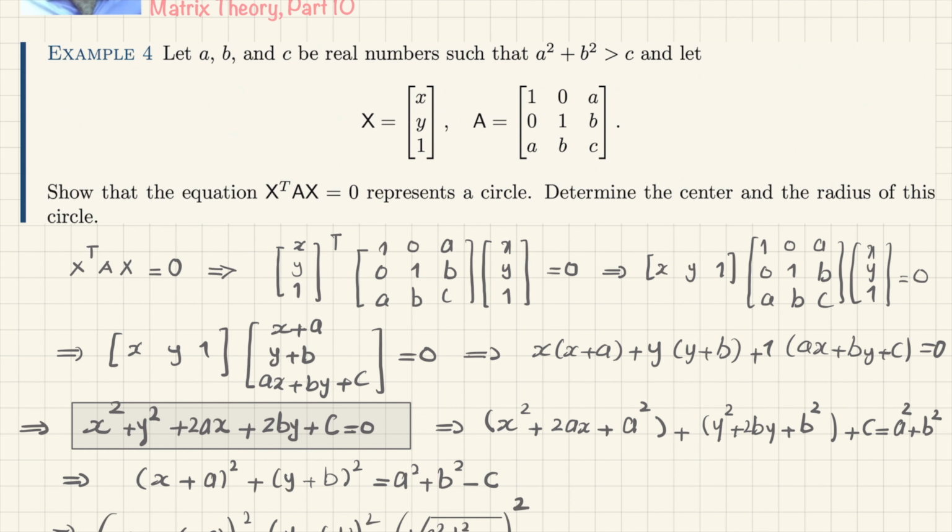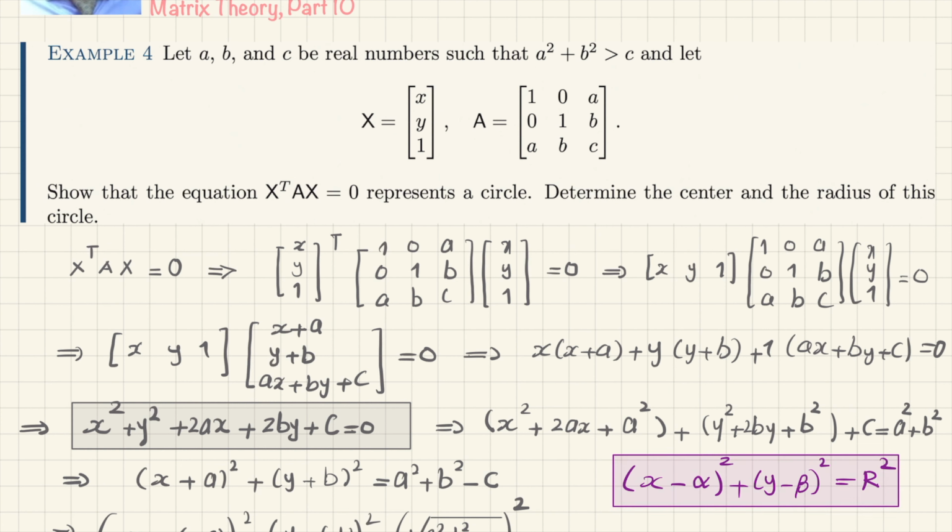The reason that I put this in this form is because I want to compare it with the standard circle equation, x minus alpha squared plus y minus beta squared equals r squared. So yes, this is the standard form, as we discussed right now. This is the standard form of the equation of a circle.